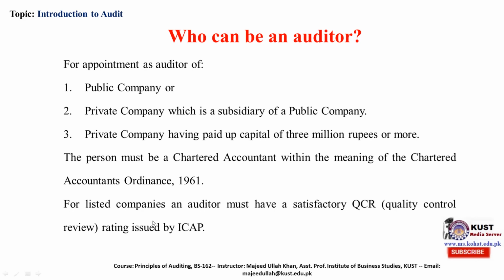Who can be an auditor? To work as an auditor of a public limited company, or of a private company which is a subsidiary of a public limited company, or, the third condition, a private company having capital equal to 3 million or more, the requirement is that the person who will be appointed as an auditor of these three types of companies should be a chartered accountant within the meaning of the Chartered Accountants Ordinance 1961.